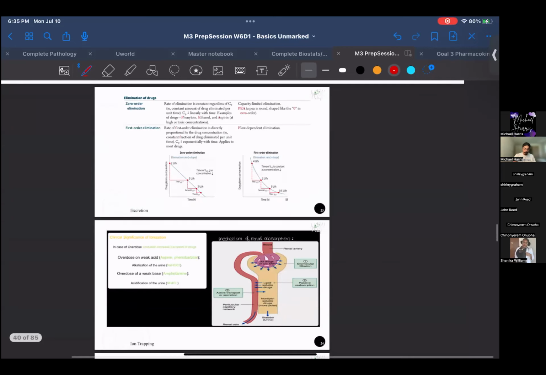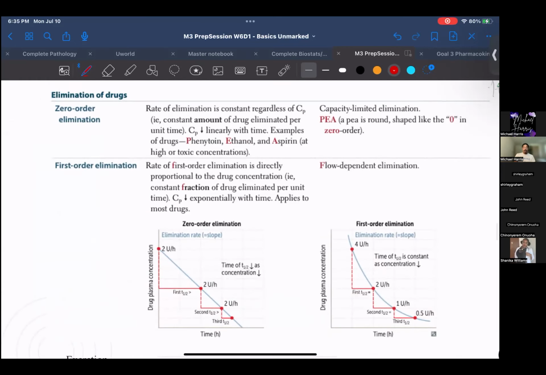Good. Now, here they're talking about how the drug can be eliminated. That was half-life. There are different rates of elimination pertaining to metabolism in the liver. Here is the way they're broken down: zero order versus first order.